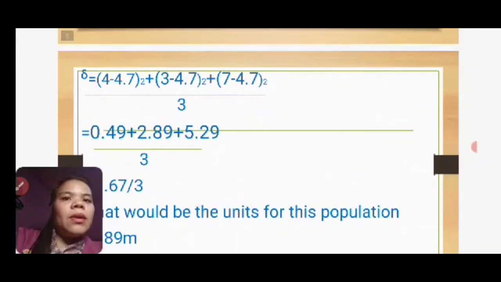So, to get the population standard deviation, we substitute the values from the population, which is the x.